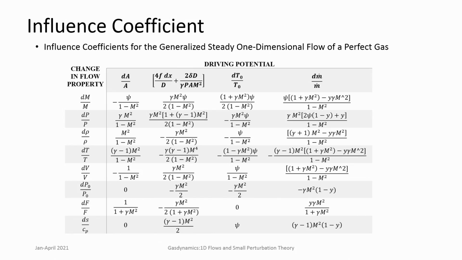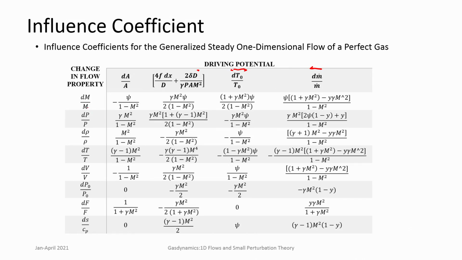You can represent dM by M using Cramer's rule. You can represent all these different flow properties in terms of driving potentials, which are changes in area, friction, heat processes, which is the change in stagnation temperature, and mass addition.